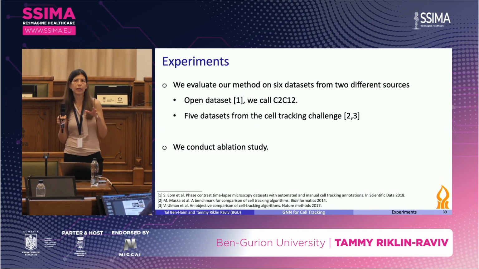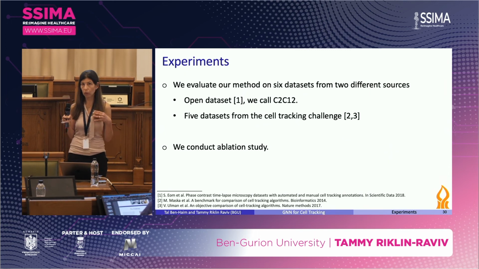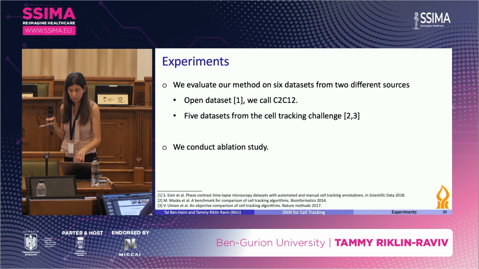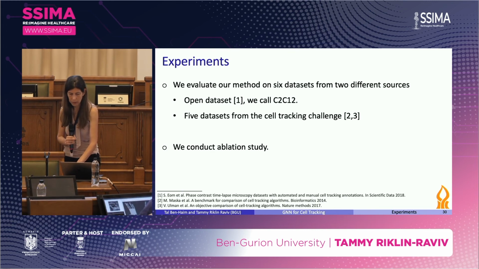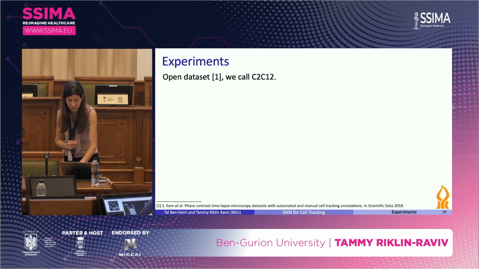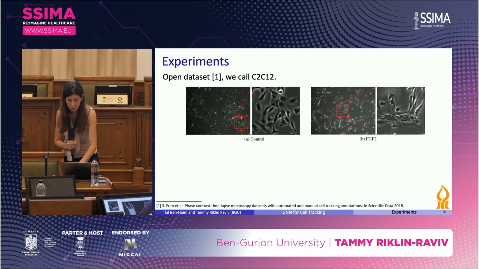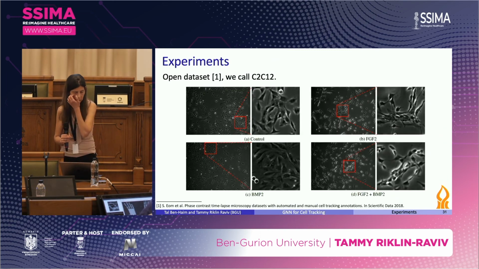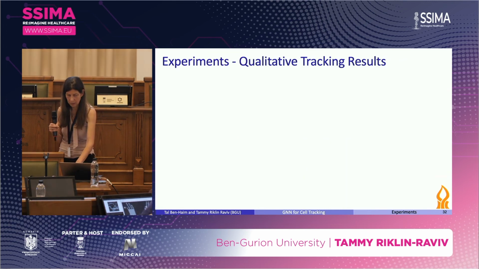Experiment. So we did two types of experiment on two different data sets. One is the C2, C12. It is a private data set that we got. It's now open, but it used to be private. And we applied our network to different sequences of the same type of cells.